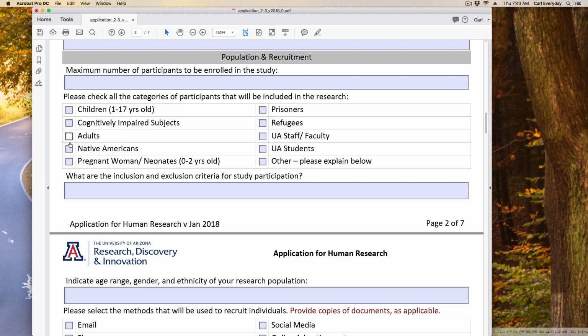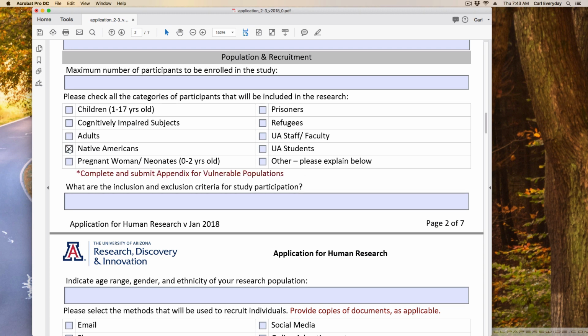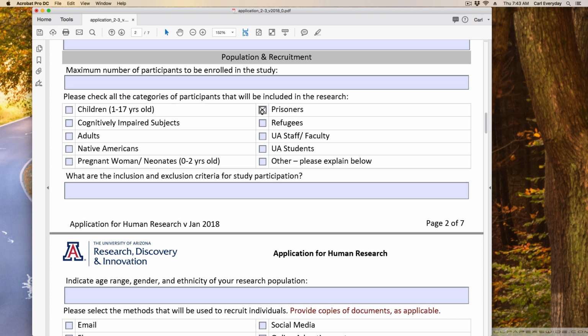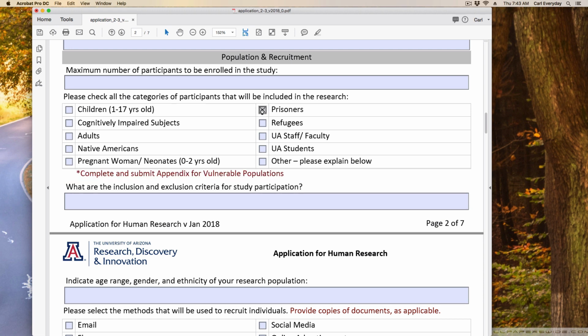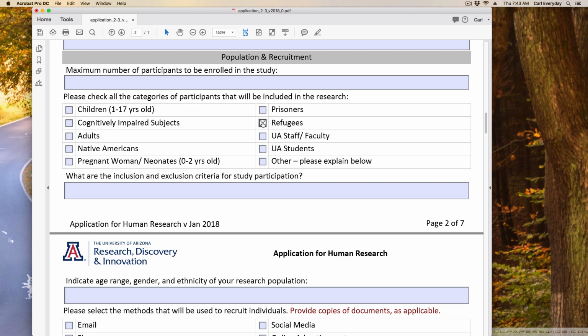You can work with adults, they're not protected. Native Americans, protected. Pregnant women and neonates, protected population. Prisoners, protected population. Refugees are not a protected population, I think. Probably just because there have not been openly problems with folks working with refugees and doing things wrong.